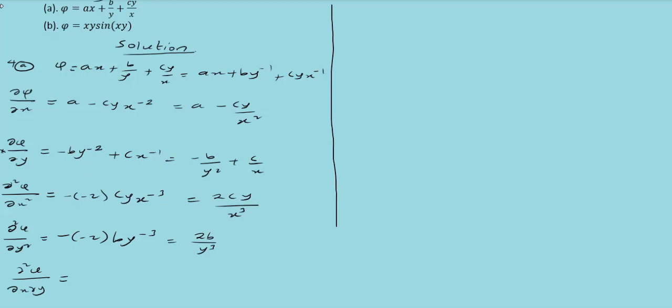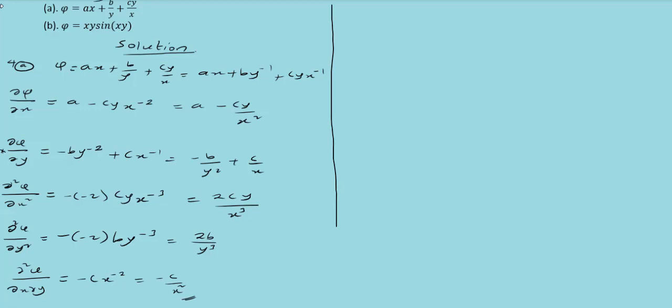If you differentiate this one with respect to s, this one will become 0 because it does not have x. Now this one will become minus c s raised to the power of minus 2. So this is minus c over s square. That is the answer I'm going to have in this case.